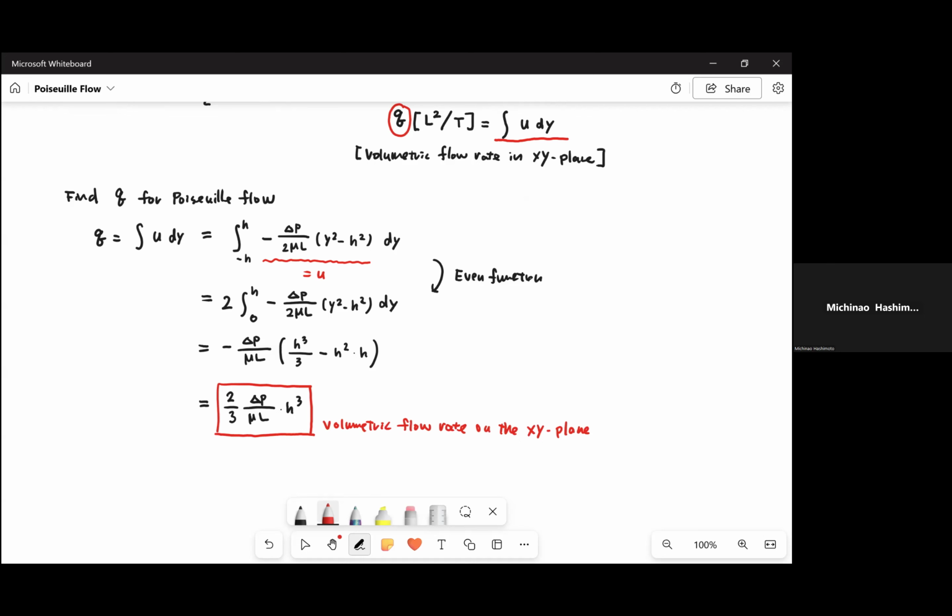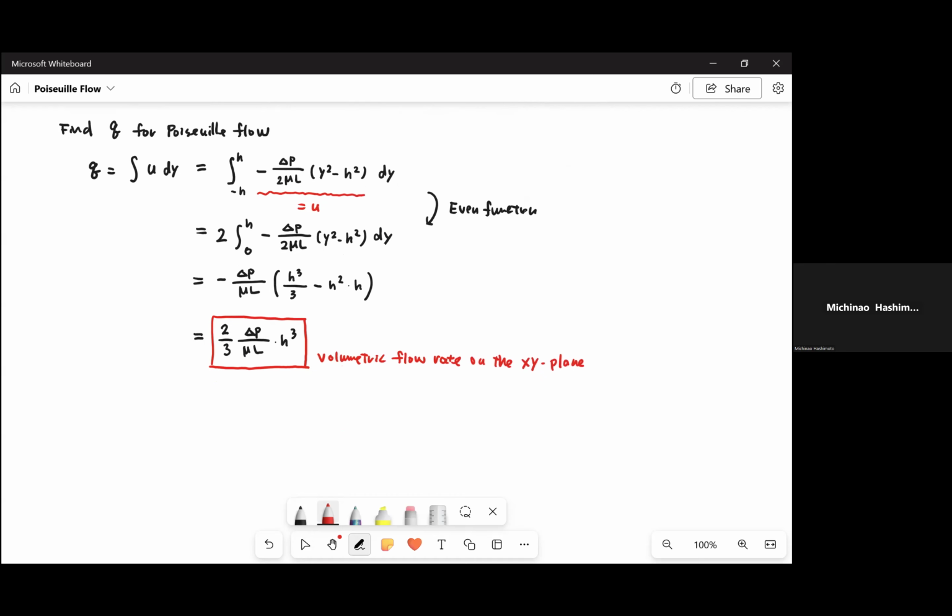Please do note, although I don't do it here, you can also check the dimension to see whether what you get is reasonable. Also, after doing the calculation, if everything is correct, you should get a positive number. This is a flow rate, right? So if you calculate it properly, it must have a proper sign as well.